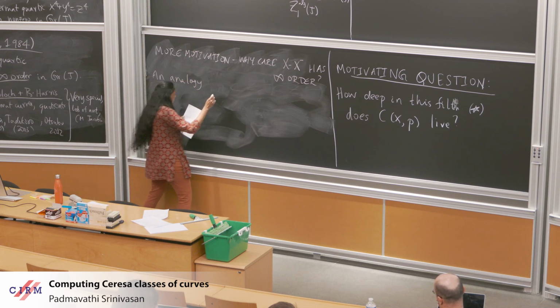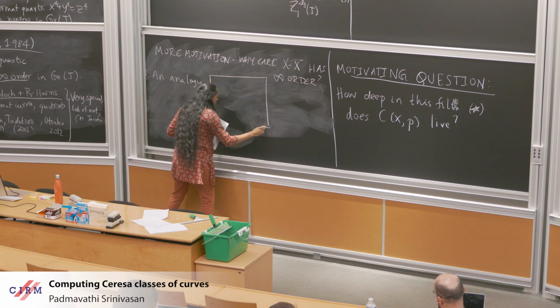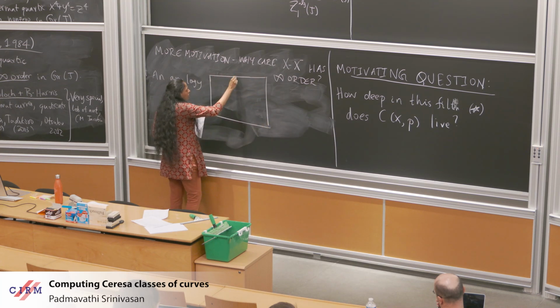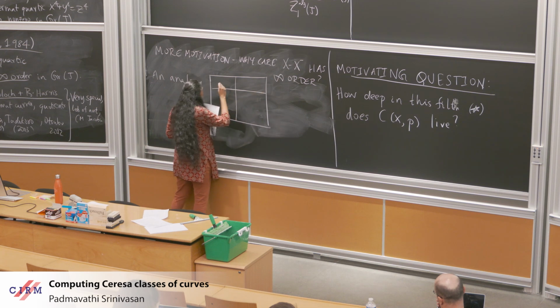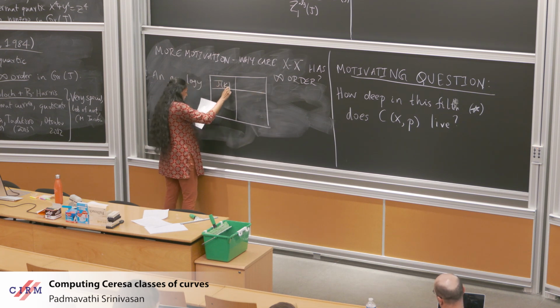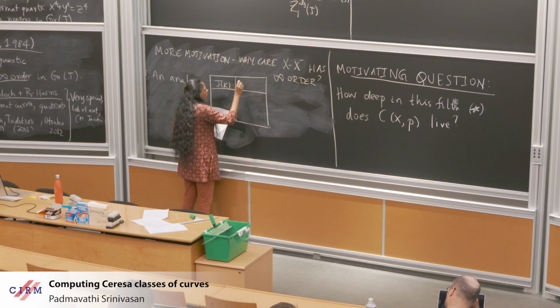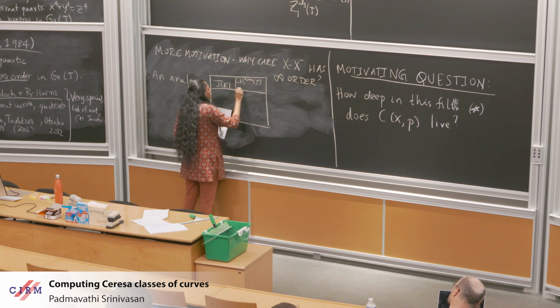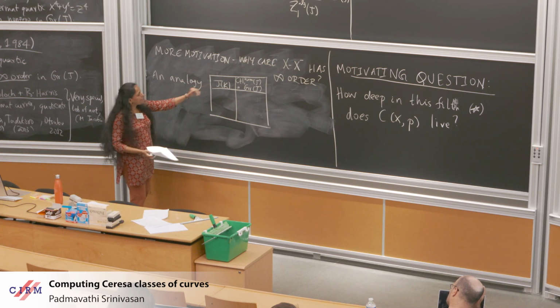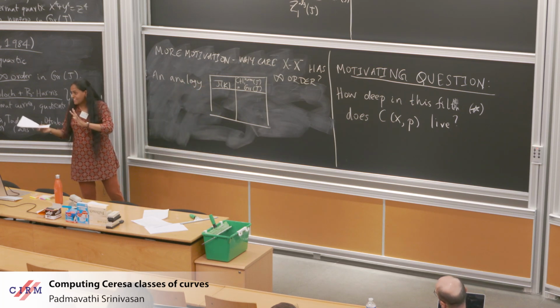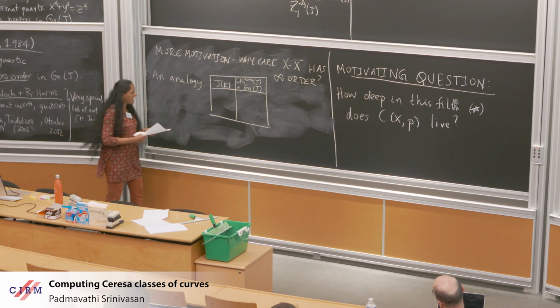I think most people in the audience care about rational points on abelian varieties, the Mordell-Weil group, and so on. You should think of the Chow group and the Griffiths group as a higher dimensional analog of rational points on the Jacobian. This is why I was looking at cycles defined over K, so I can make this analogy.